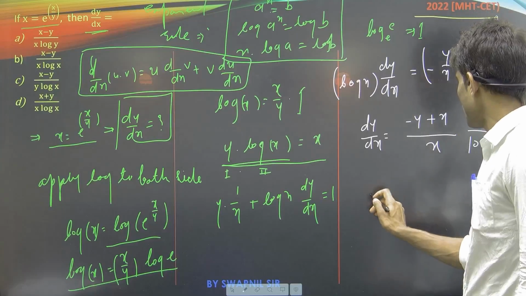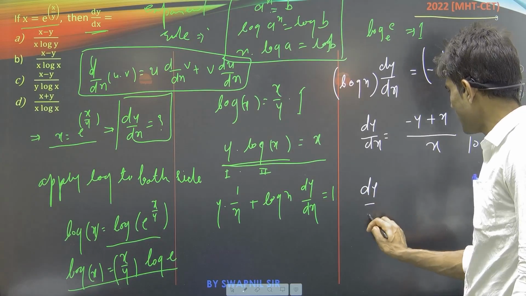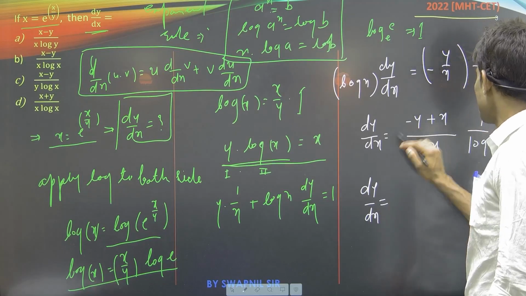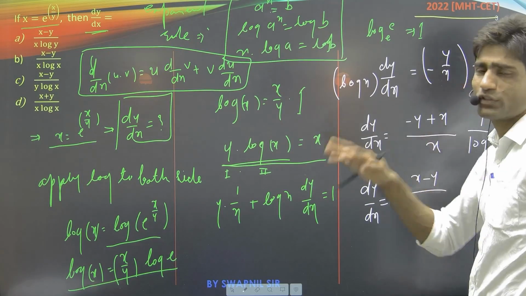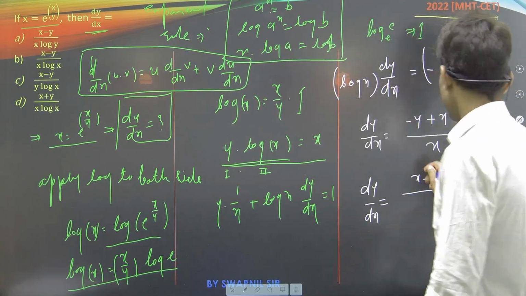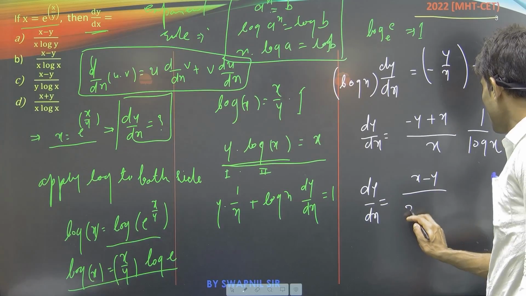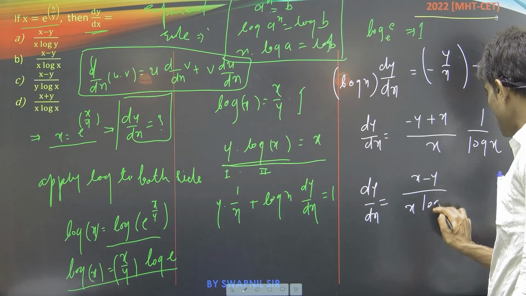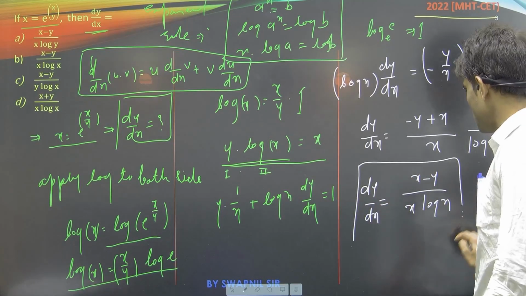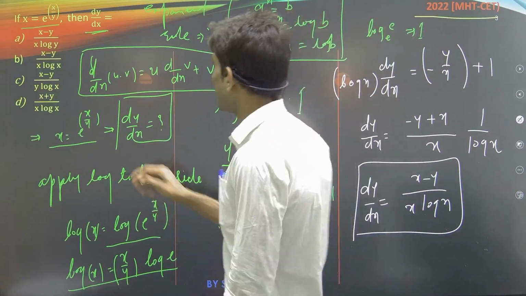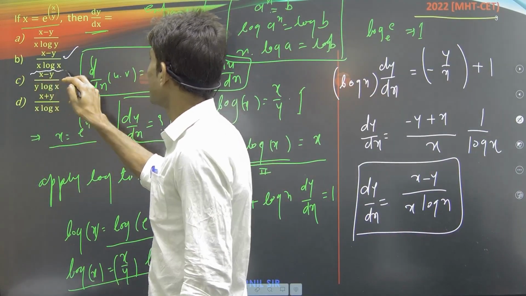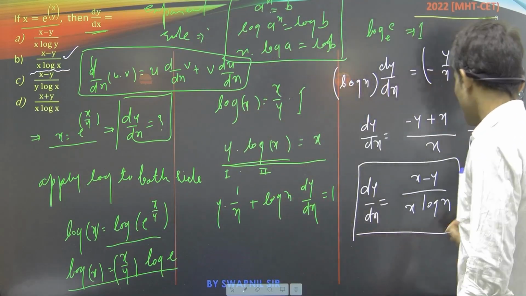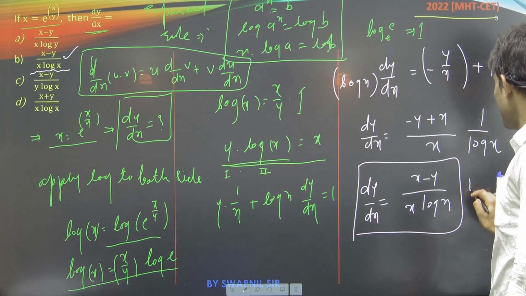Now for the next step we write dy by dx as minus y plus x, we can write x minus y. Replace its place as a positive term, take it in front. So x minus y divided by x multiplied by log of x. Now see which one of the options is given here: x minus y divided by x log x, which is given in option number two, option B, which is true here.